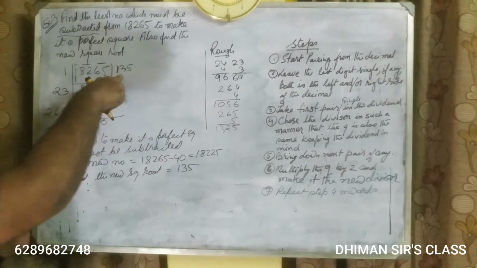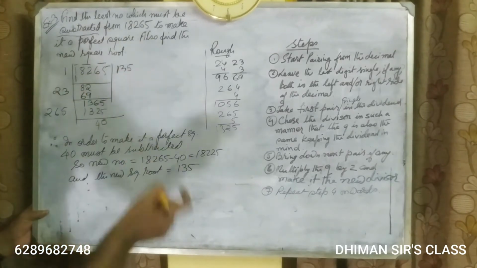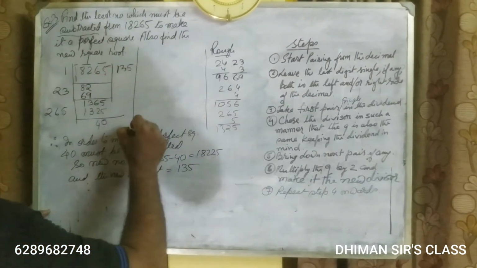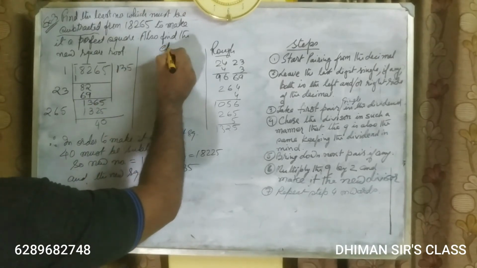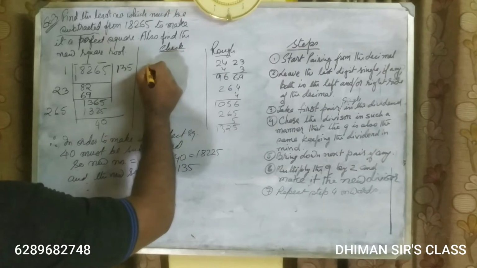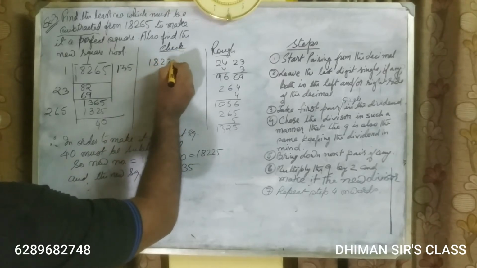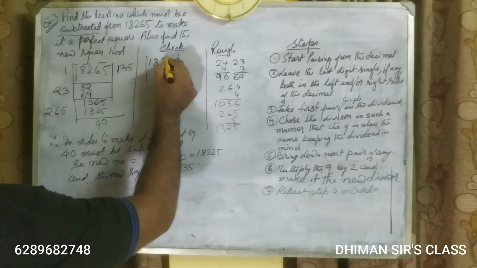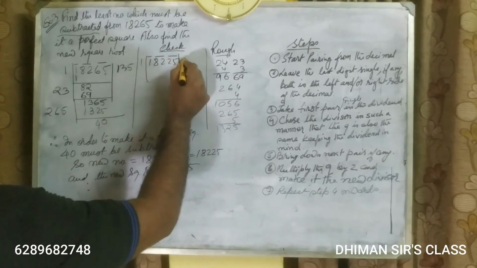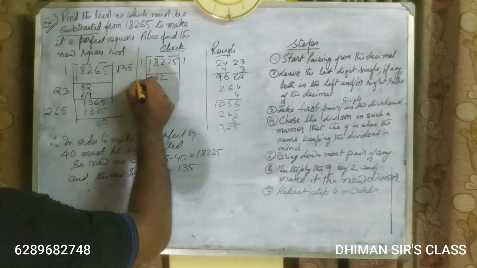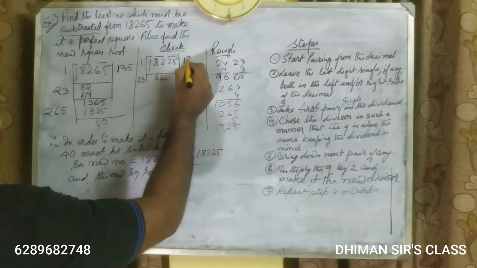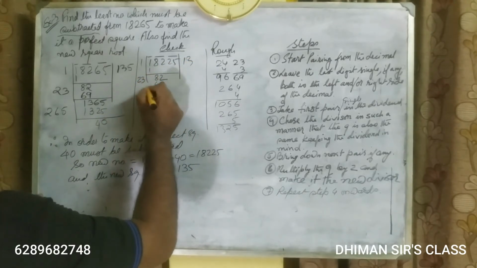This will be 135. Let us check here, because it is a new thing, I am showing it to you. Let us check 18225. Pair, single: 1, 1 1s are 1. 82 brought down. So 1 2s are 2, 23, 3 3s are 69.